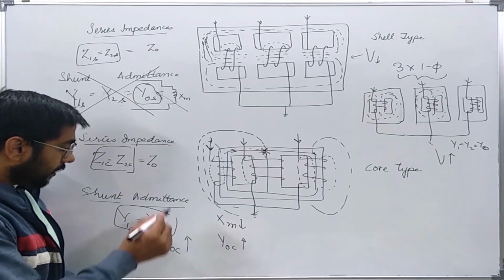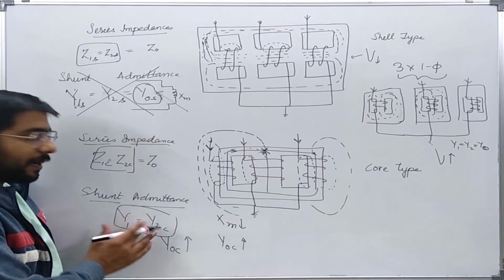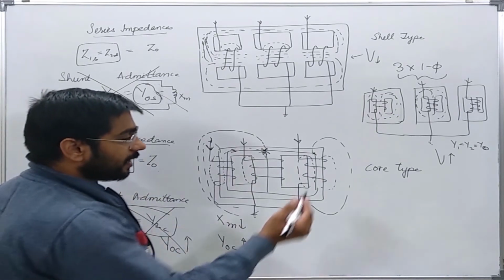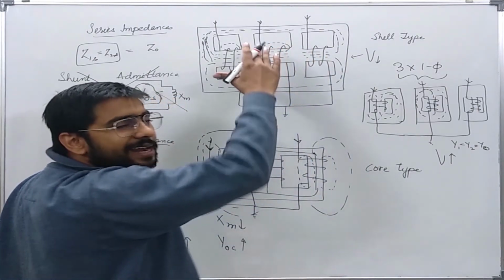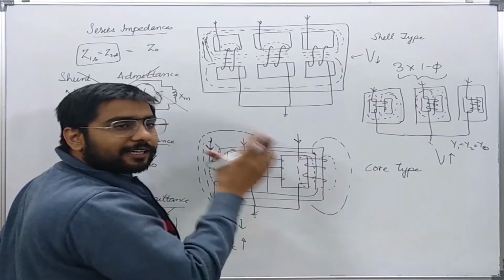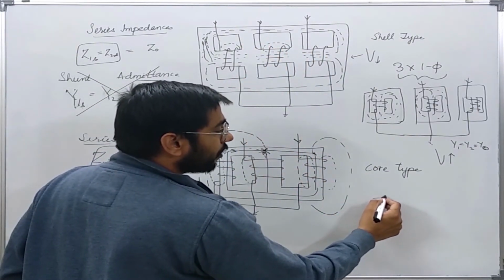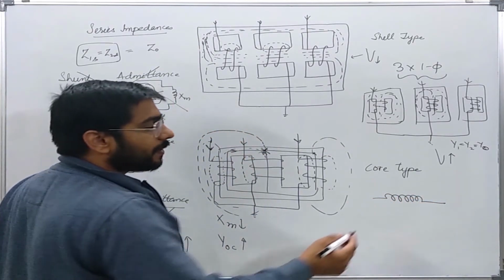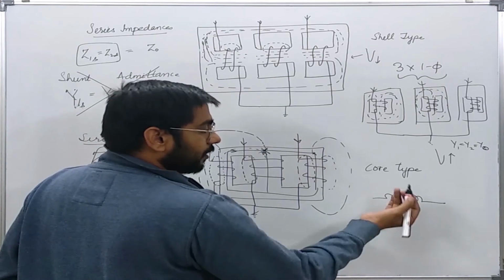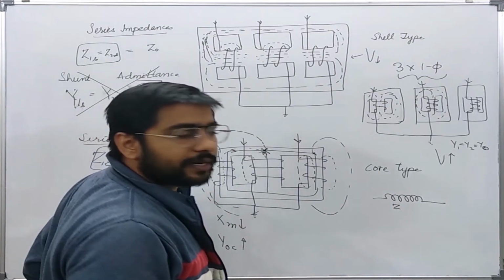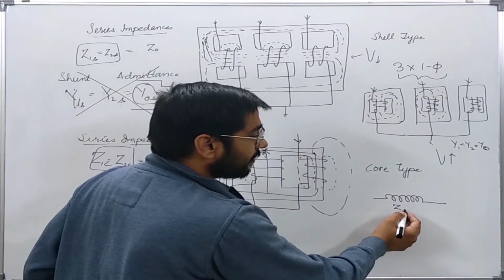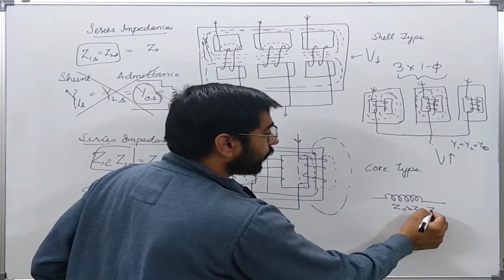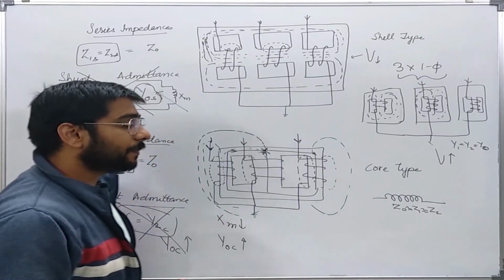But still, practically for all purposes, these can all be neglected. So usually for a transformer, for any kind of construction, as a summary we can say, for the study of power system, the transformer can be represented by its positive, negative or zero sequence series impedance, and these are usually equal, for all practical purposes.